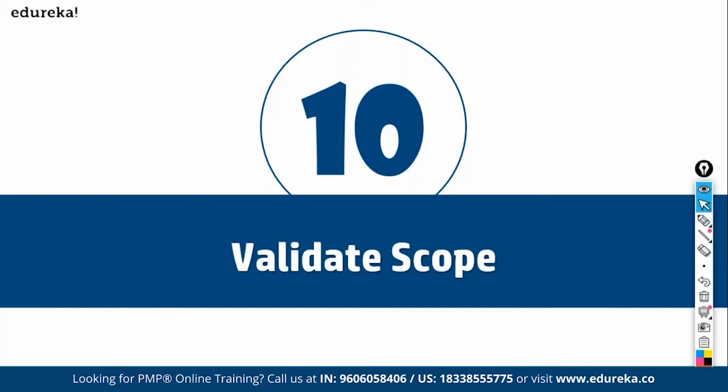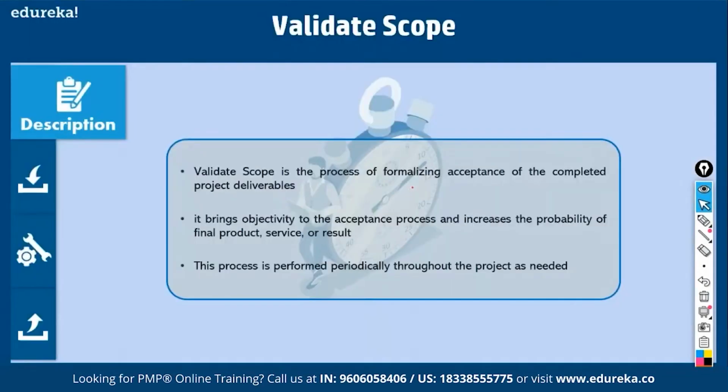That is the process of formalizing acceptance of completed project deliverables. It could be interim deliverables, requirement documentation, design documentation, or it could be the final deliverable, anything. So that is what is called validate scope, right? It's a process of formalizing acceptance of the completed project deliverables. It brings objectivity to the acceptance process.